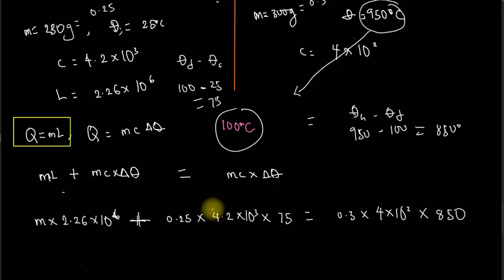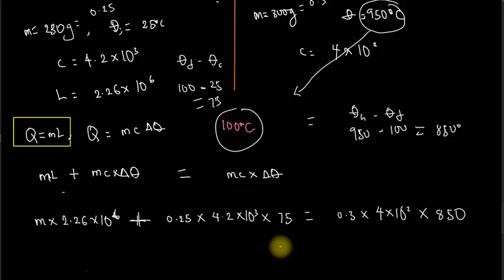Oh, there's no 10 raised to power 3 in the JAMB calculator. So how do you go about that? Well, 10 raised to power 3 is the same as 1000, 10 times 10 times 10. We can do that, right?